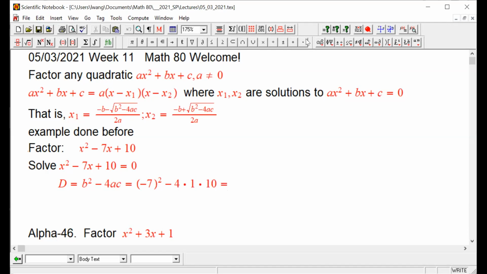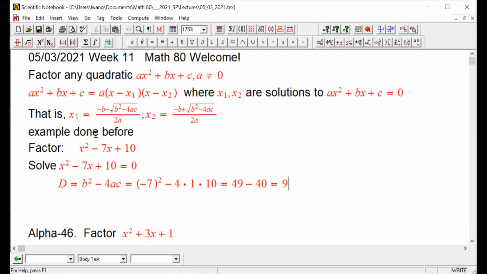So we have 49 minus 40, and that's equal to 9. It's a perfect square. And this happens a lot. If you get easy factors, often the discriminant under your square root is a perfect square.